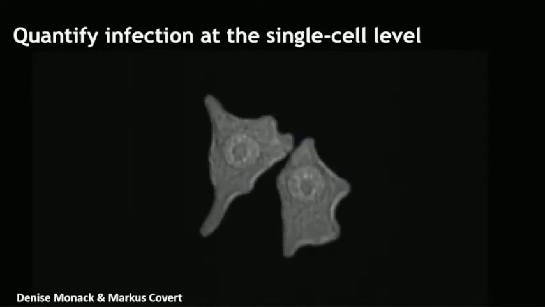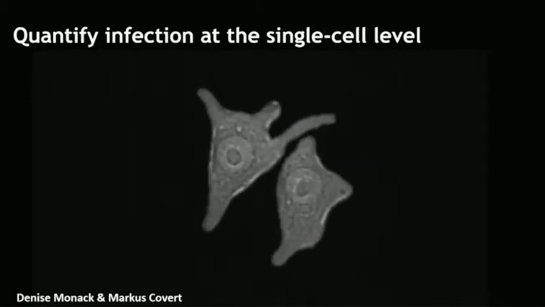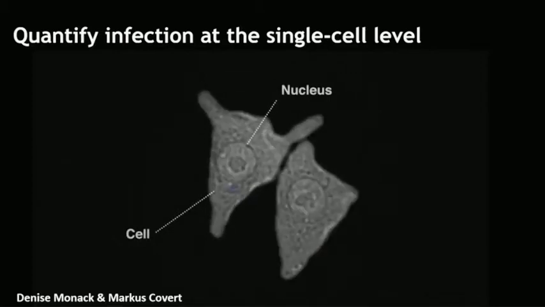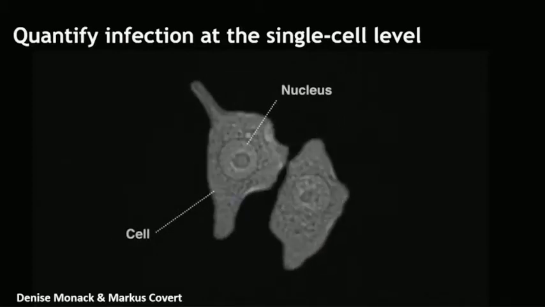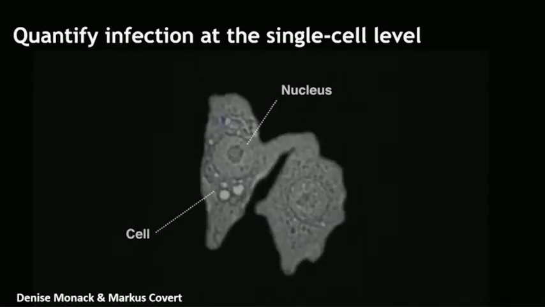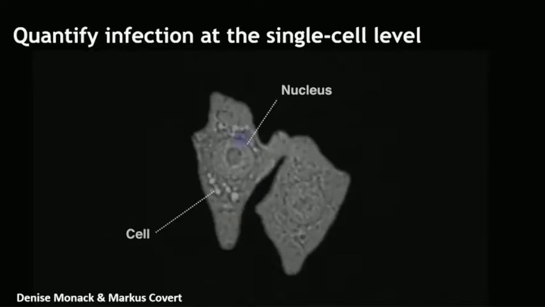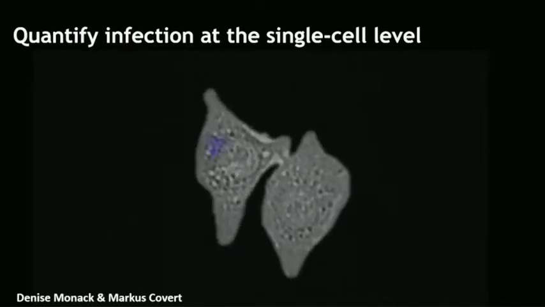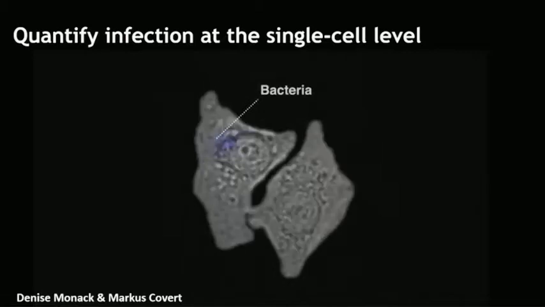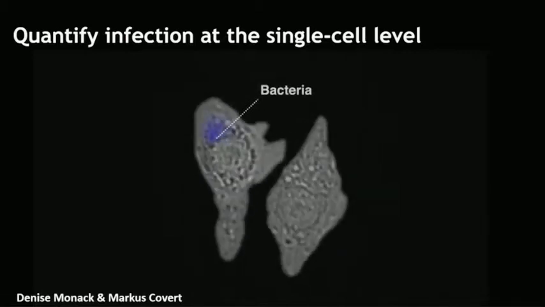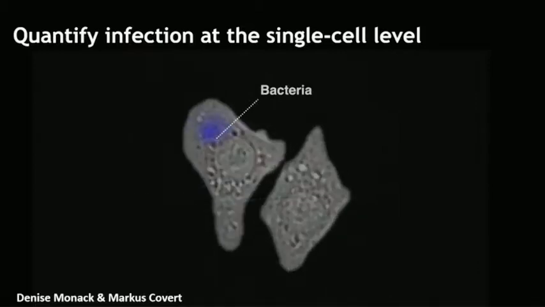So as was mentioned before, I think we have incredible tools that the center has been generating to make measurements that have an unprecedented level of detail, both in terms of the resolution they can provide, but also in terms of the dynamic information. So this is just 2 cells that are in a culture system. These are white blood cells, and they've just been infected with this blue labeled bacteria that you can see here.